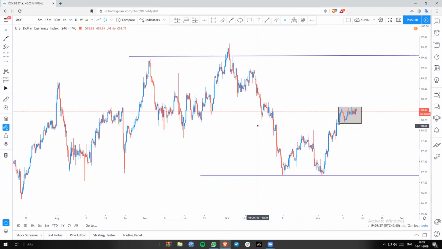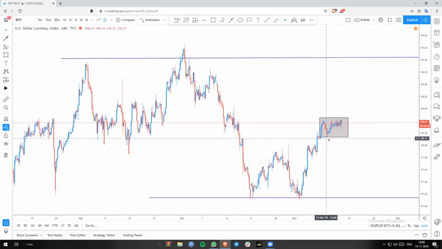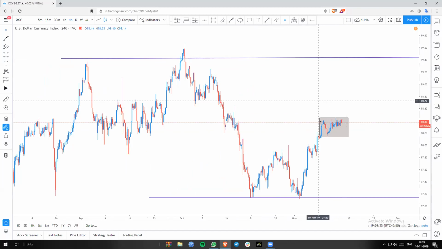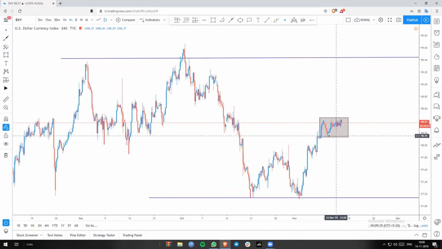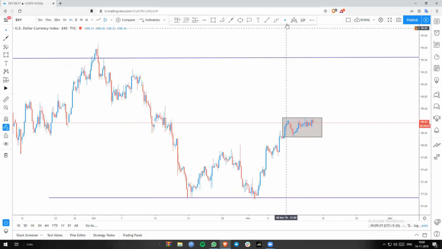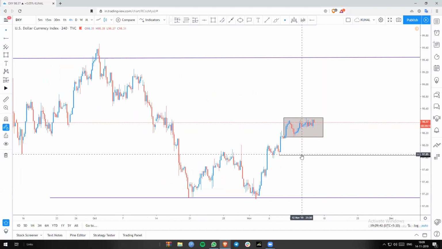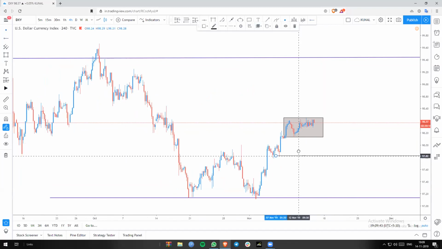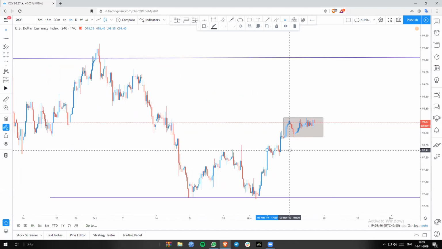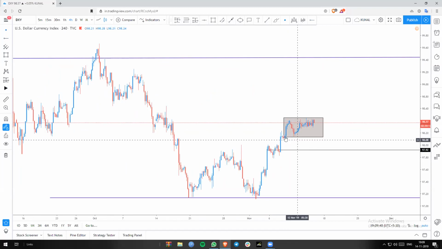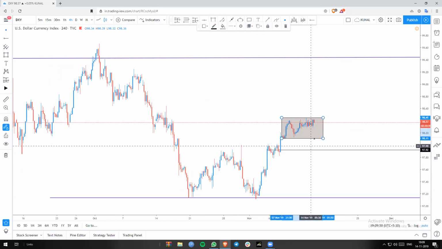So let's see to what side it breaks first, and what manipulation happens in this sort of range. Technically, this is a structural level for DXY at the moment. If this range breaks, we can expect it to come down till there.